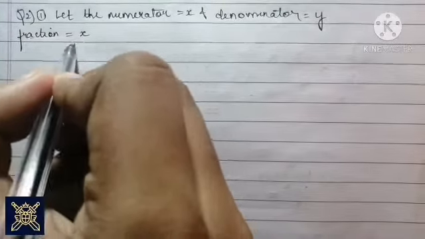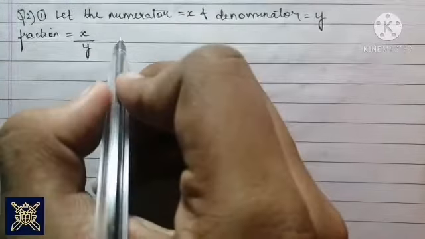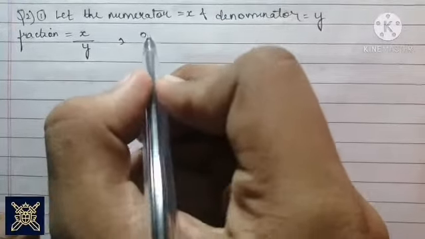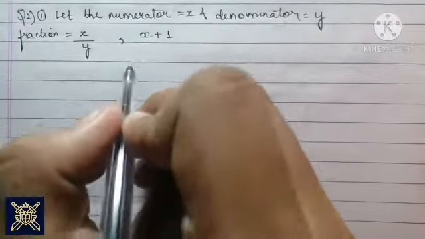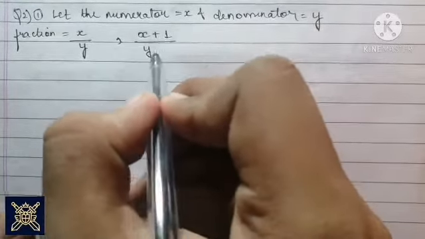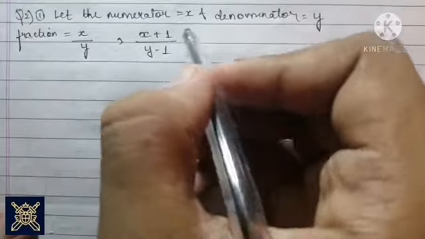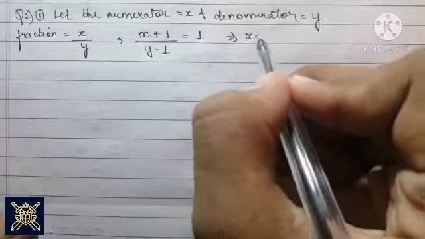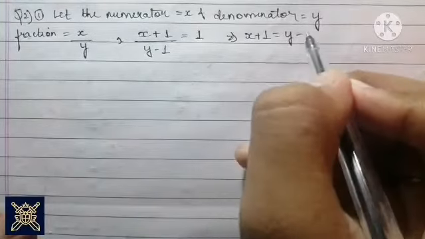Then the fraction becomes x upon y. According to the first situation, if we add 1 to the numerator, that is x plus 1, and we subtract 1 from the denominator, that is y minus 1, the fraction will become 1. So this implies that x plus 1 is equal to y minus 1.